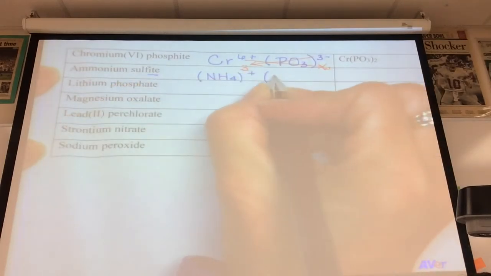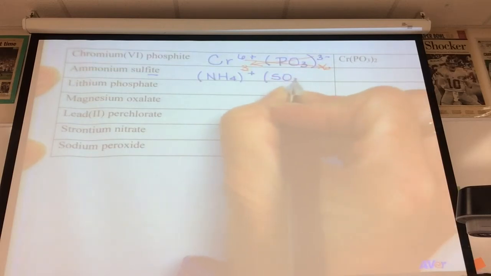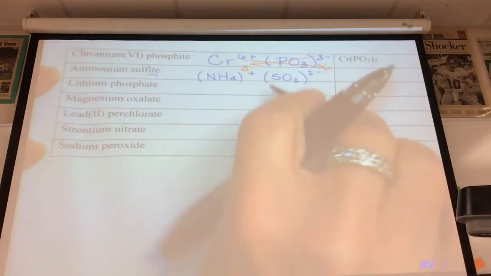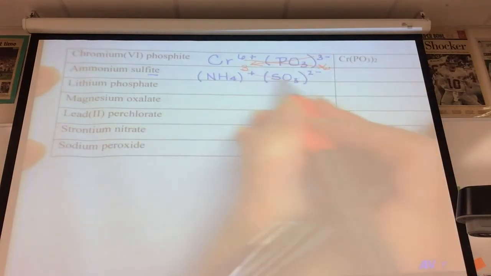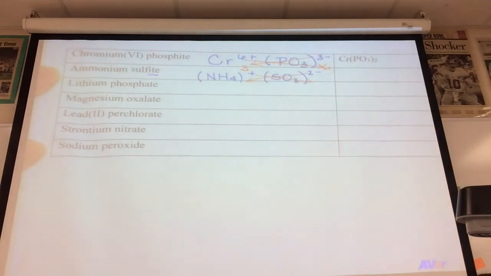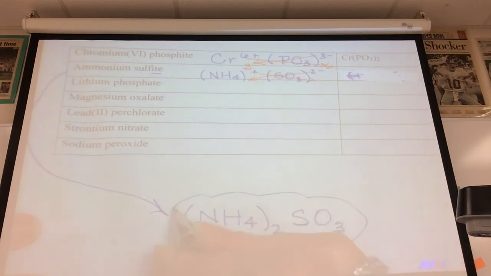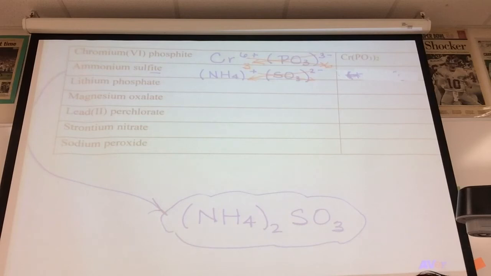Sulfite is SO3, 2 minus. The 1 goes here, the 2 goes here. I have NH4, what did I forget? The 2. So always go back and look at what you've done so you don't make silly boo-boos like that. And again, I dropped the parentheses off the sulfite ion because I only have 1 of them.